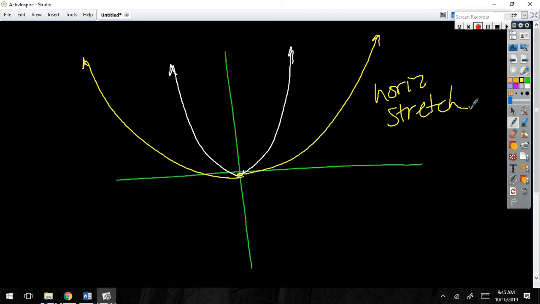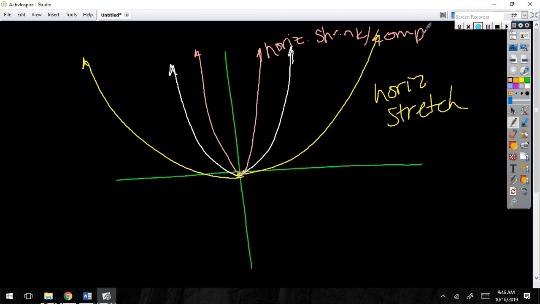Does that make sense? Why it's called that? Okay. What happens if I shrink it horizontally? It gets skinnier, right? So this would be a horizontal compression or shrink. Yeah, because you need to be able to recognize what's what.